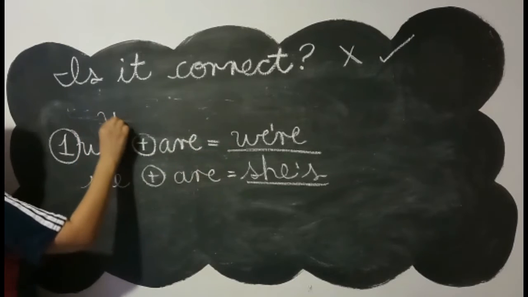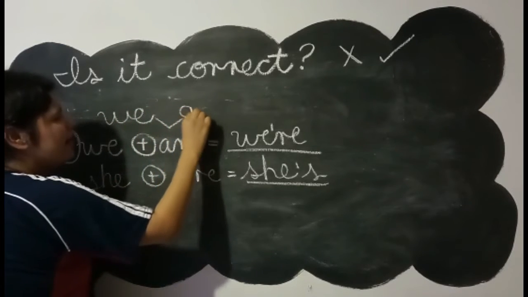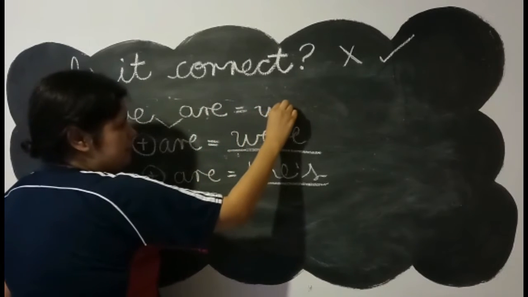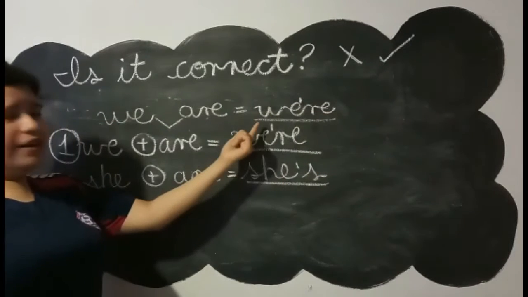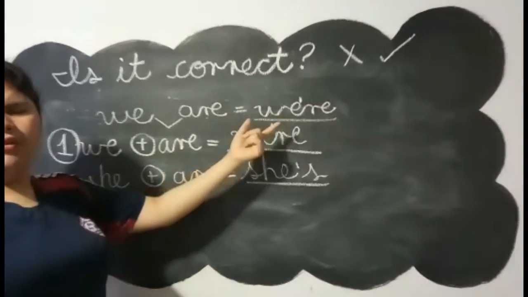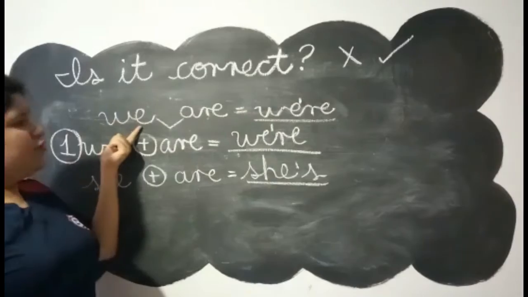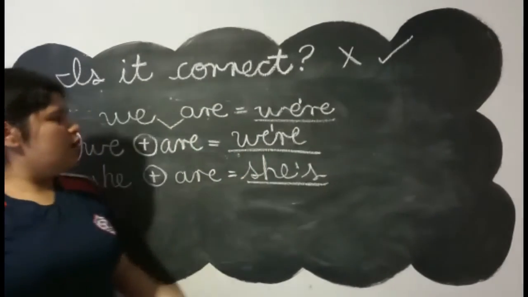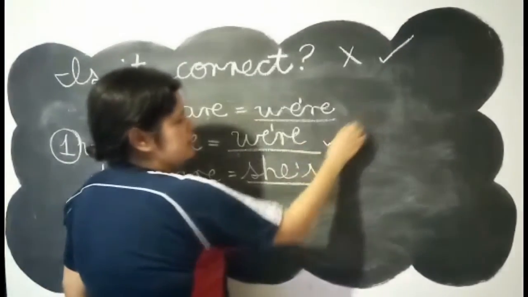For example, if I have we and I mix with are, the answer is we're. We plus are is we are. What do you think? Yes, if we mix we with are, the answer is we're. So, this is correct or not? Yes, it's correct.